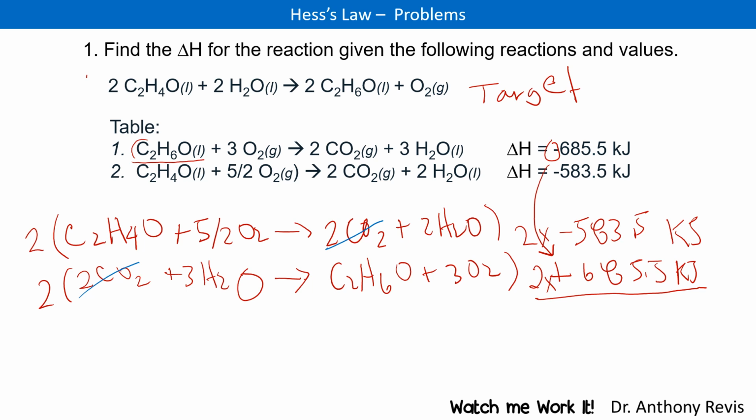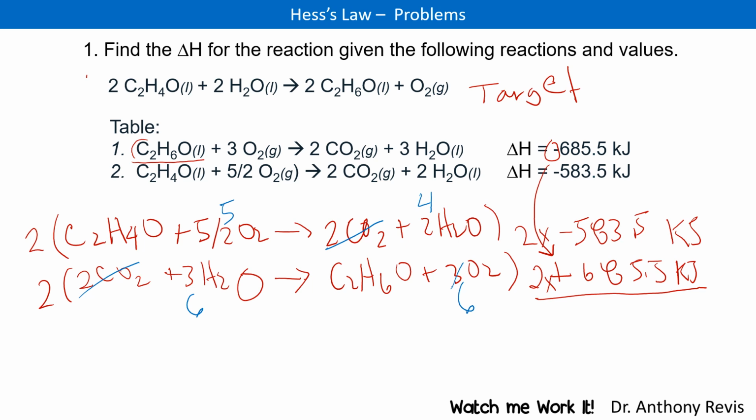In the case here, I would have 2 oxygens here. And here, I would have a total of 6 oxygens, 2 times 3 is 6. And waters, I would have 4 waters here. And I'll have 6 waters here.